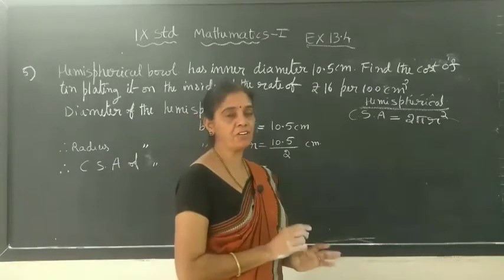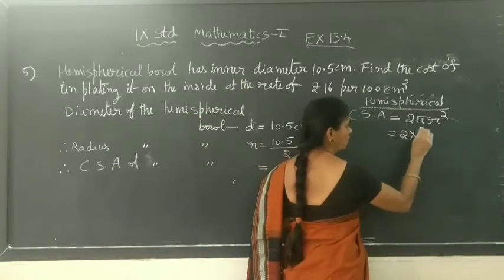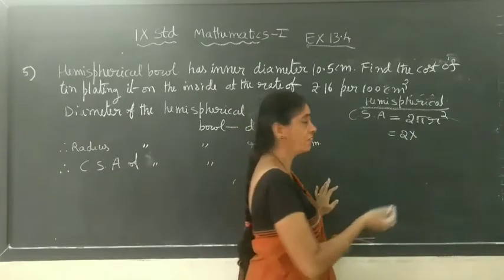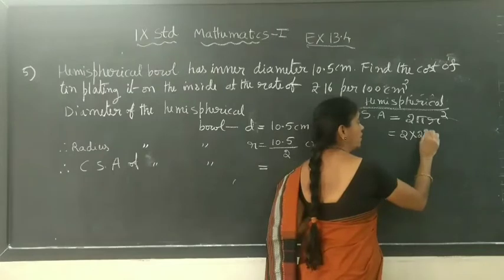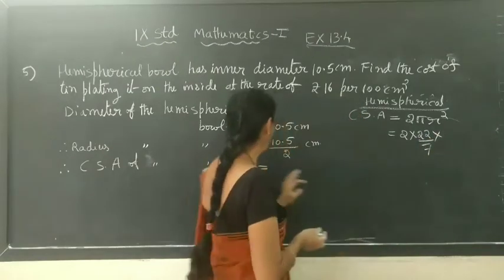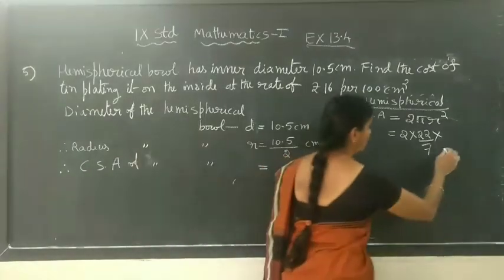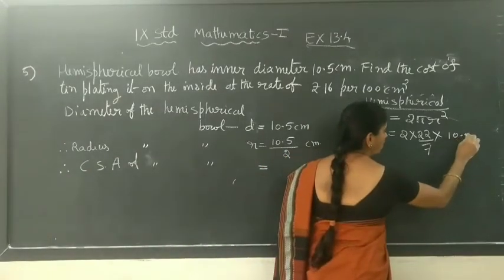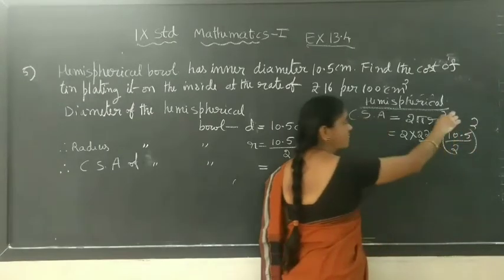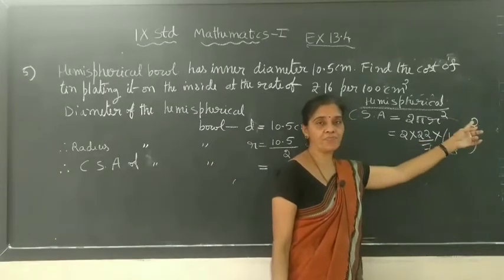Now this formula we have to use, which is equal to 2 into pi value 22 by 7, I will take, you may take 3.14. Here I will take 22 by 7 and r value is 10.5 by 2, that only I will take, okay? It is 10.5 divided by 2, squared.